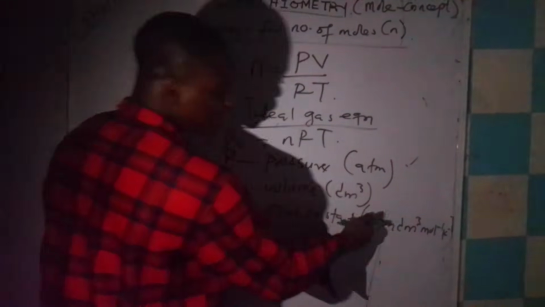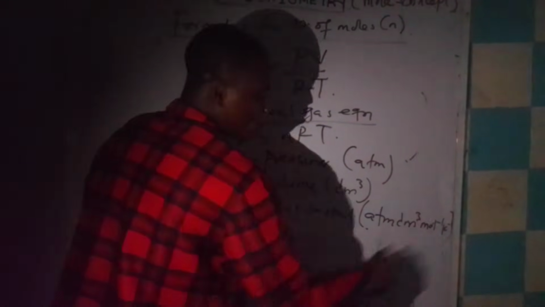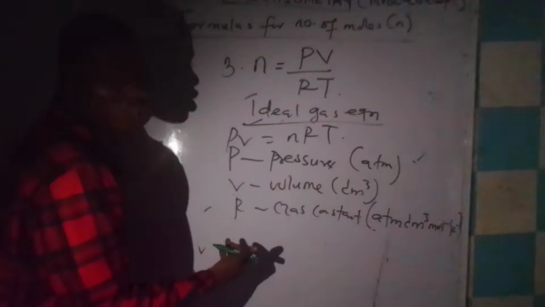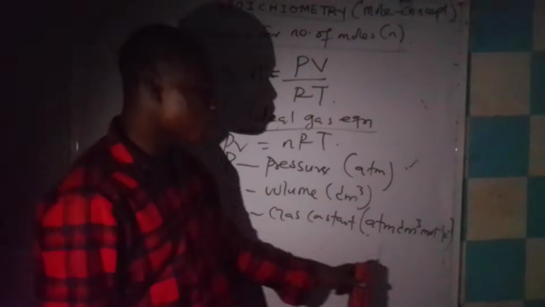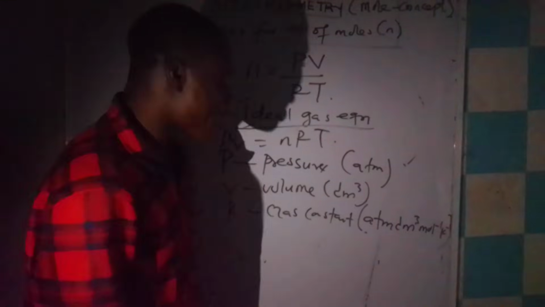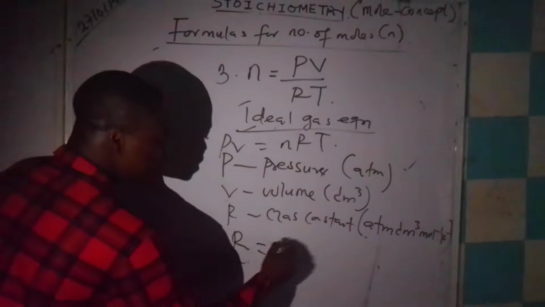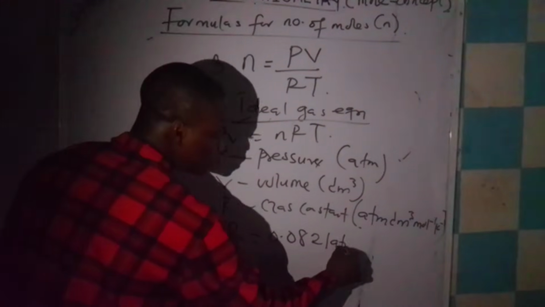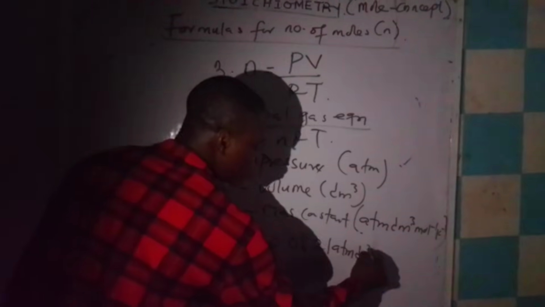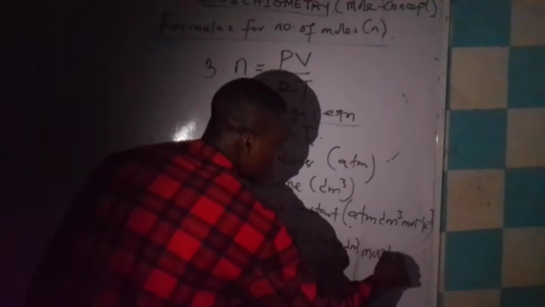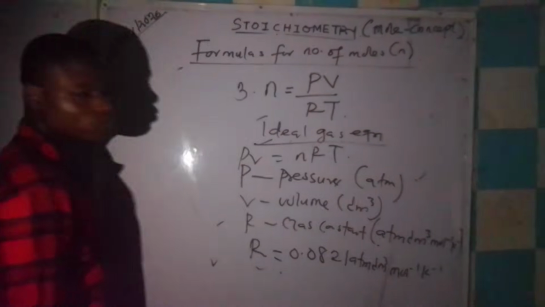Again, gas constant is atm dm³ per mole per Kelvin. And the value of the gas constant is 0.0821 atm dm³ per mole per Kelvin.